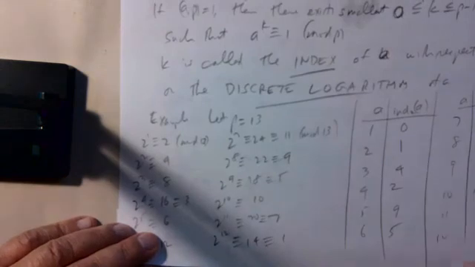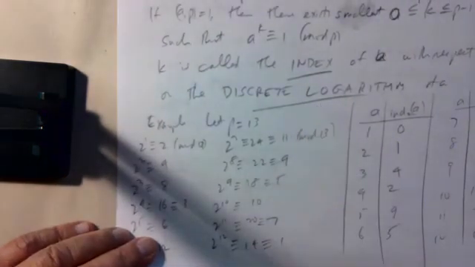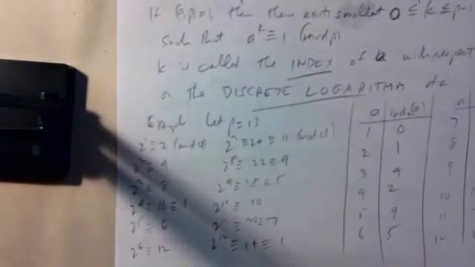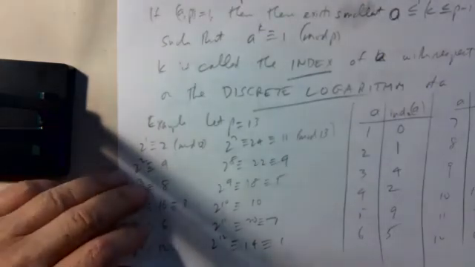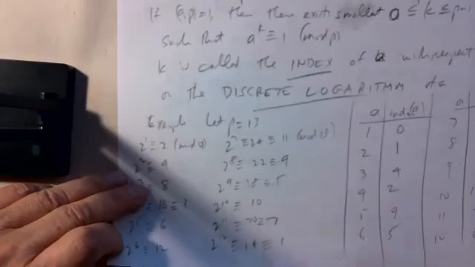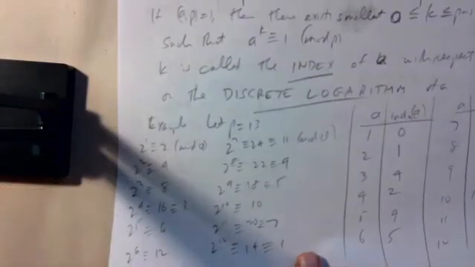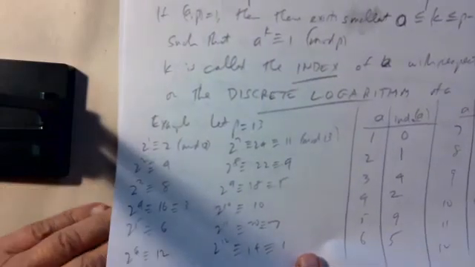But this discrete logarithm is really important. It's the basis of all cryptography, all secure communications, all internet commerce, all cryptocurrencies.